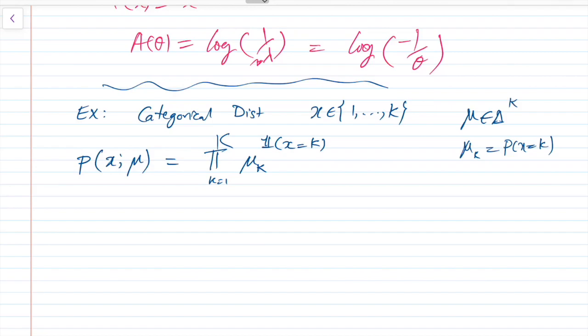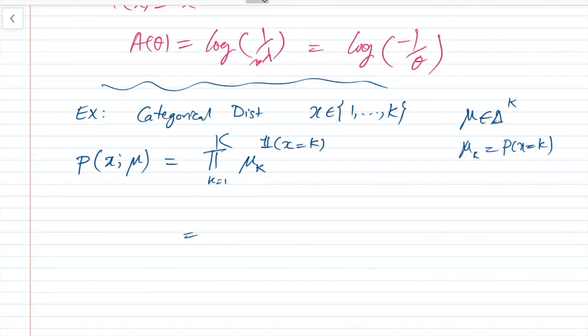So I'm arguing that this is also an exponential family. How can I massage it to make it an exponential family? You have to get some exponent out of it. Any suggestions or ideas? You have to make it look like the exponent of something, and then we'll open it up. Let's start with that.